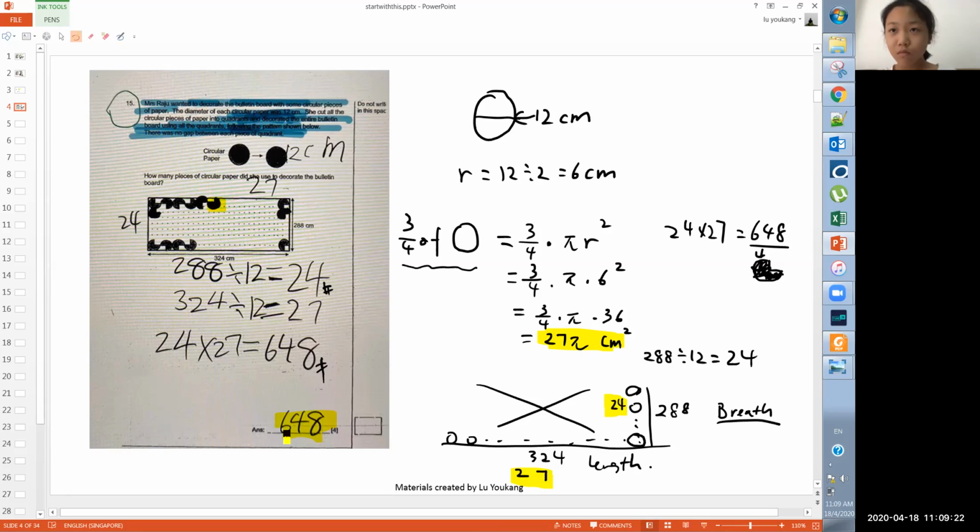The diameter of each circular paper, okay, she cut all the paper into quadrants and decorate the entire bulletin using all the quadrants, following the pattern shown below. So there was no gap between each piece of quadrant. How many pieces of circular paper did she use to decorate the bulletin? Okay.